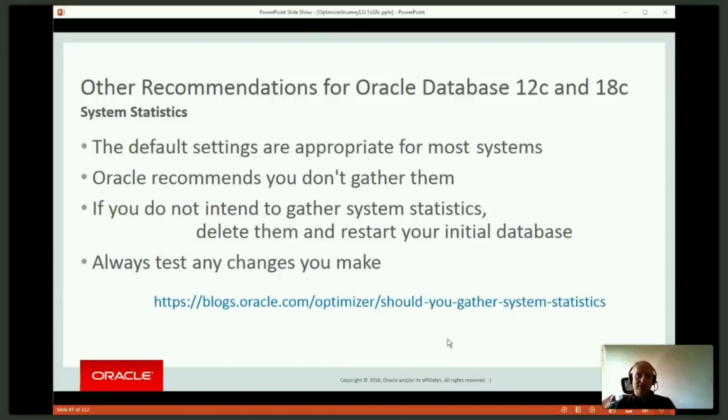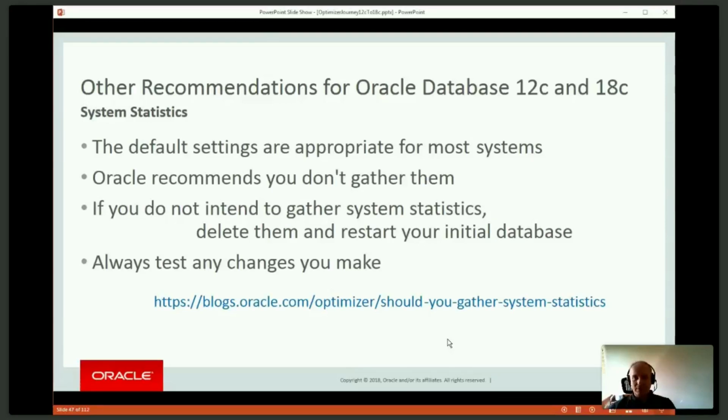If you gather system statistics, then that's fine. That's how your system is running, and I'm not recommending that you suddenly change the way you manage your databases. But our current recommendation is that you use the default system statistics. In other words, you don't gather them.